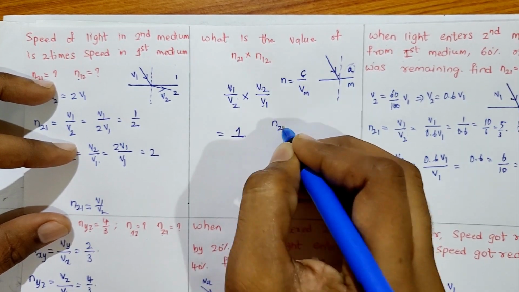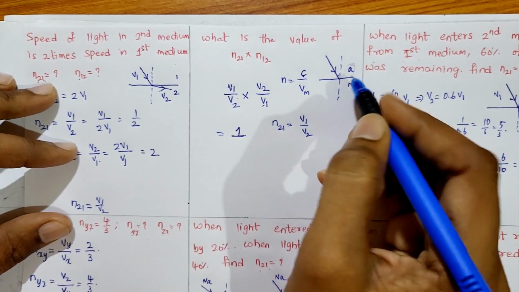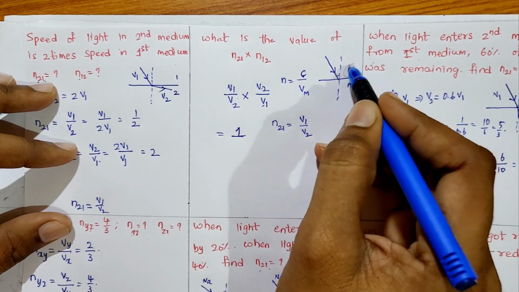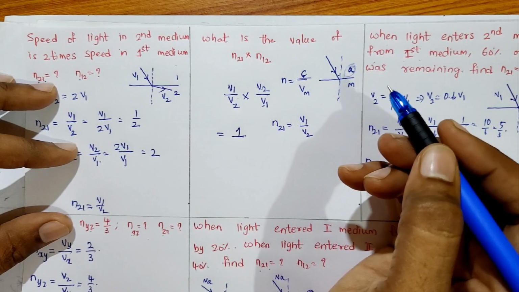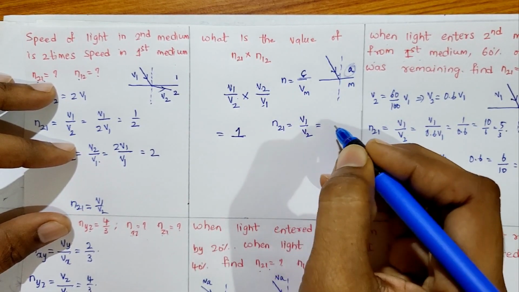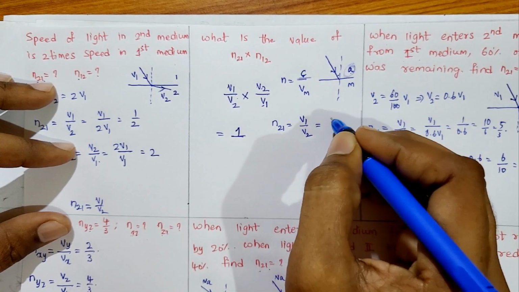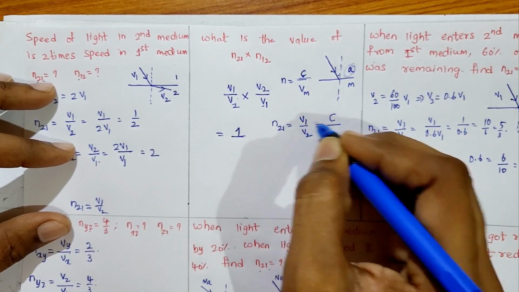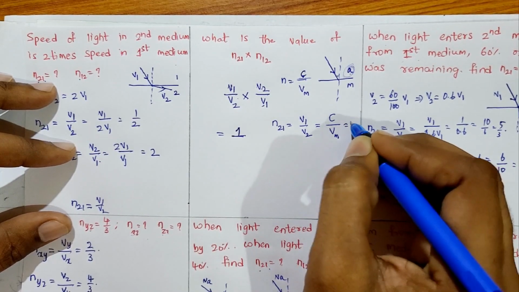What is refractive index of second medium with respect to first medium? It is V1 divided by V2. What is first medium here? Always air only. That's why we have taken representation for speed of light in air as C. So n21 will be equal to V1 by V2. V1 is nothing but always air here. So we have taken V1 as C and V2 as V in any medium.